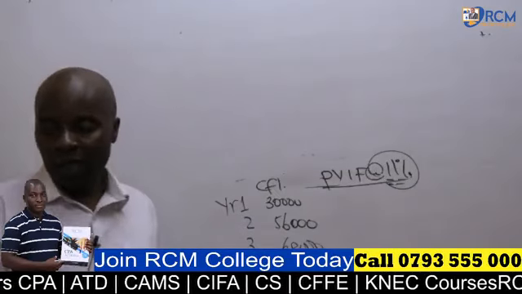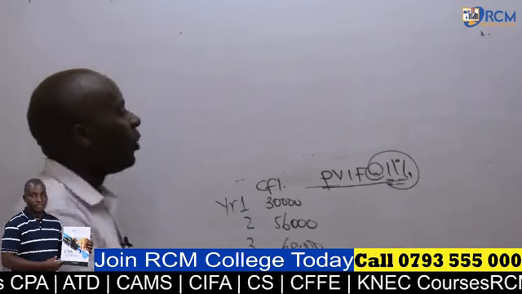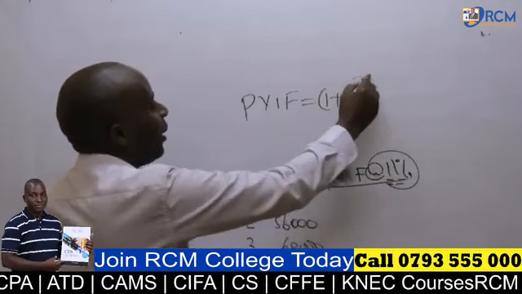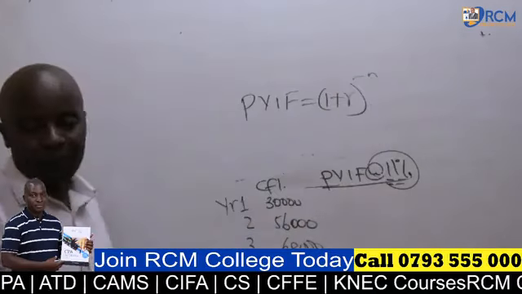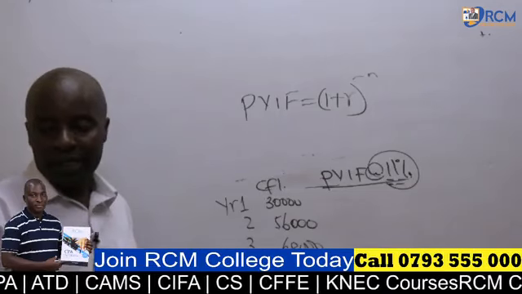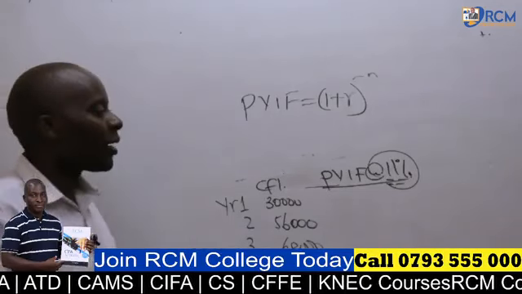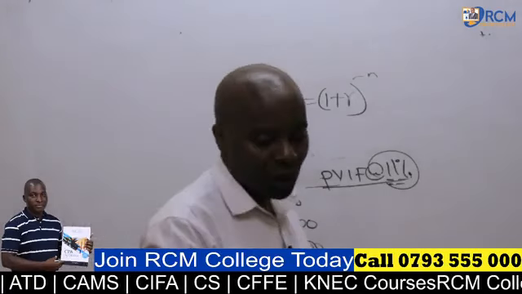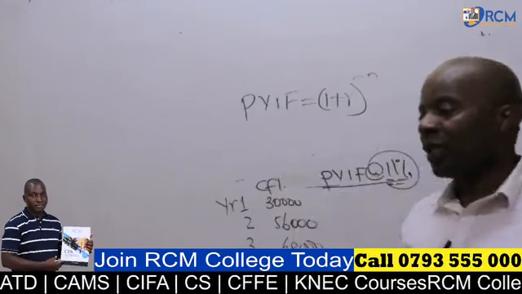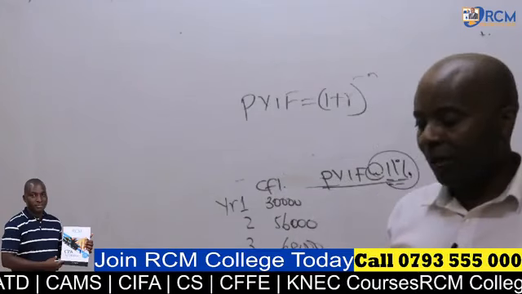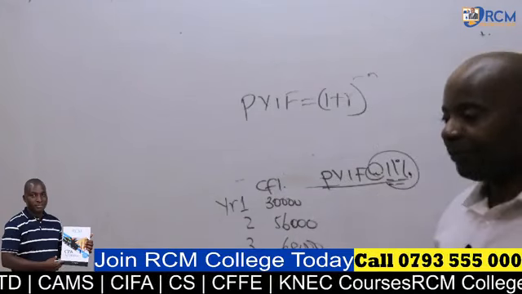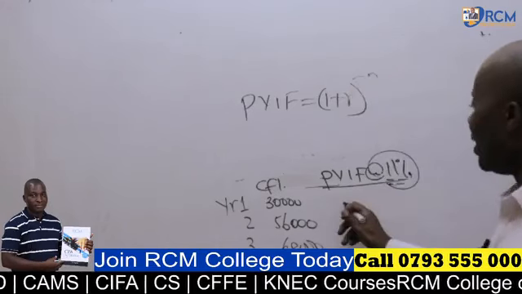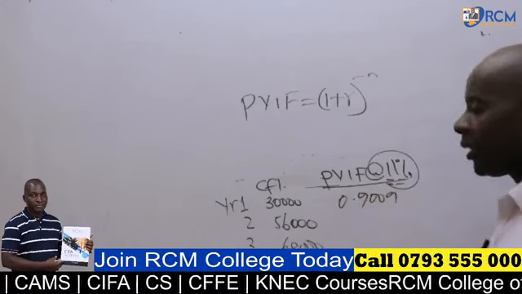Remember, our formula is quite easy. Our formula of getting PV is 1 plus R raised to negative n. So it will be 1.11 raised to minus 1, because our cost of capital is 11%. That gives 0.9009.